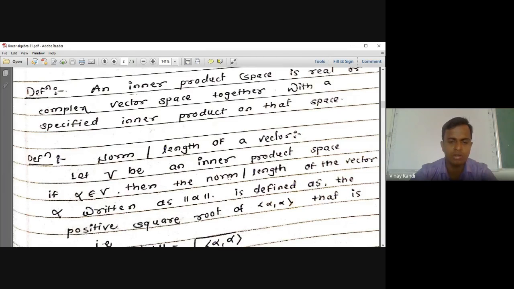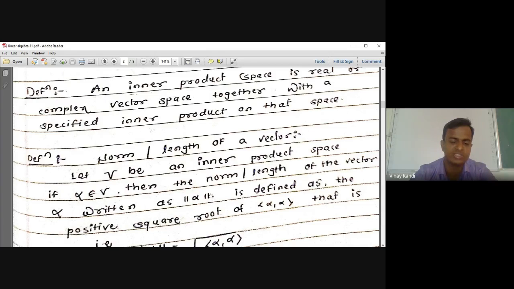Then the norm or length of the vector alpha is written as norm of alpha. This is the symbol of norm.